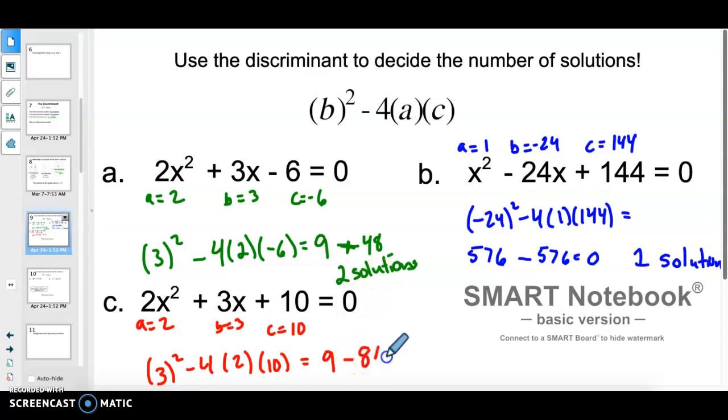Right away you should be able to see 9 minus 80 is going to be a negative number, so this one's going to have no solution. If we know it's going to be positive, it's 2 solutions. If negative, no solution. And if it's 0, it's 1 solution.